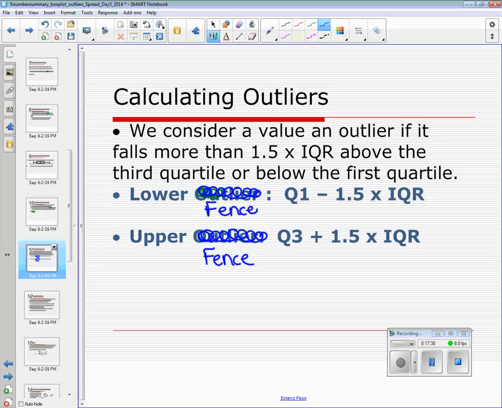You're going to take your IQR and multiply it by 1.5, and then you're either going to add it to your third quartile to get your upper fence, or subtract it from quartile 1 to get your lower fence. Sometimes they're called boundaries, but I most likely call them fences. If you put boundaries, I will accept it. It's totally fine.